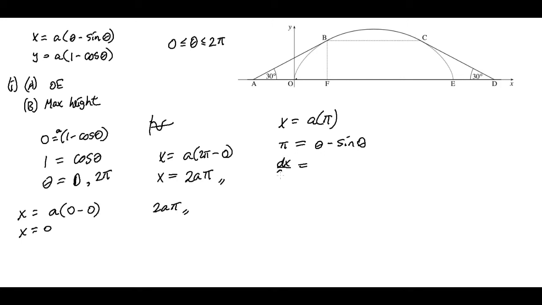dx by d theta is just a times theta differentiated to 1 minus sine, that goes to cos, and dy by d theta is equal to a times 1 goes to 0 minus cos goes to sine.